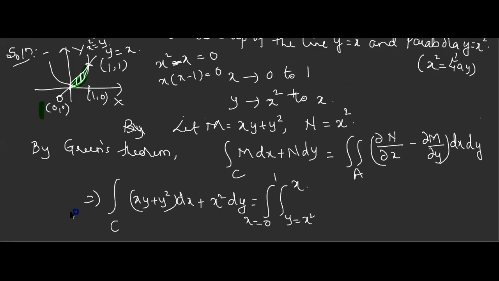Now, dou N by dou x. What is the derivative of x square with respect to x? It is 2x. Minus dou M by dou y. With respect to y, what will you get? x plus 2y.